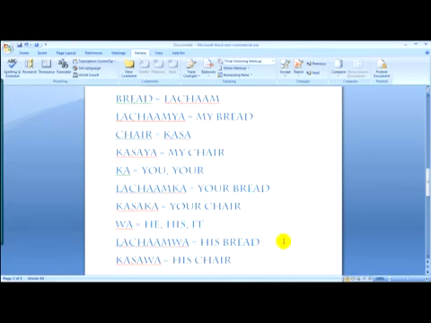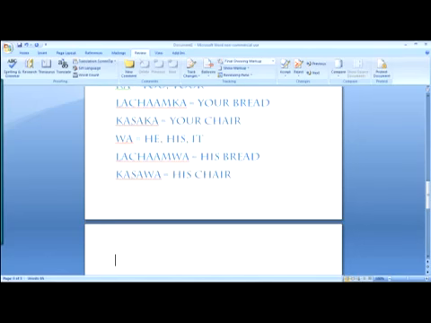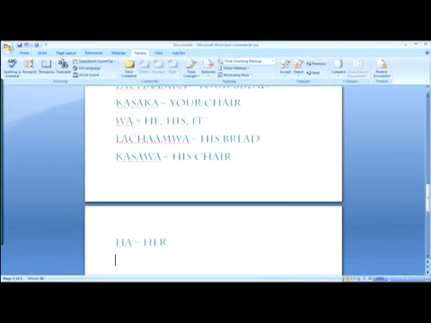Now the next letter we're going to deal with is the letter ha. Whenever you see the letter ha at the end of a word, it means her. What it does is it makes a word feminine. Now I'm going to give you an example.